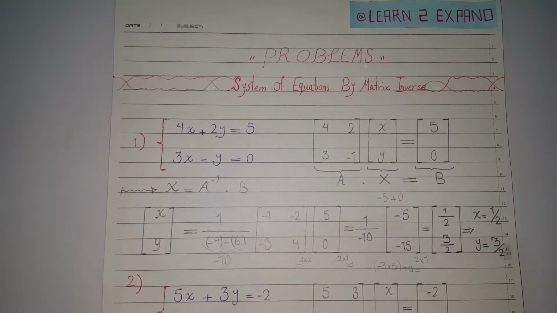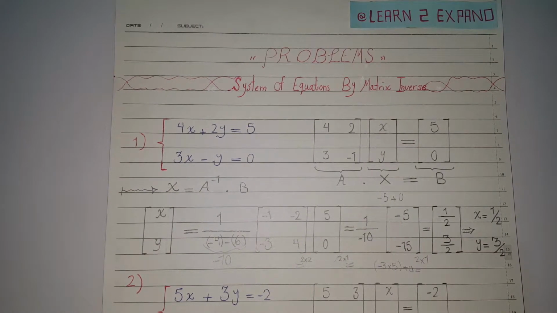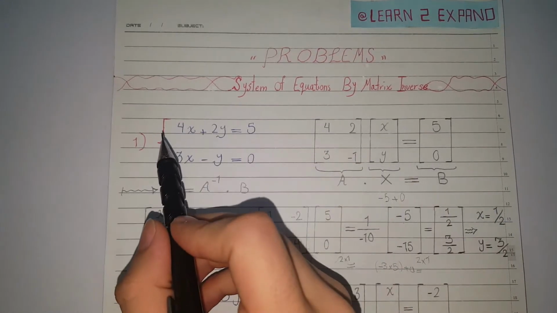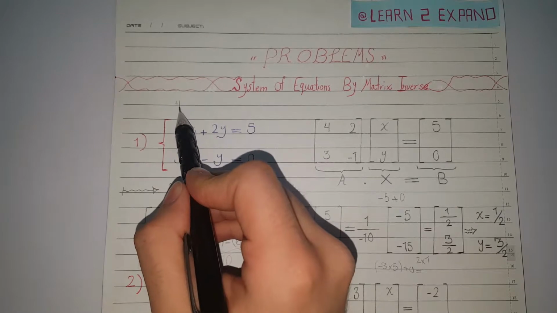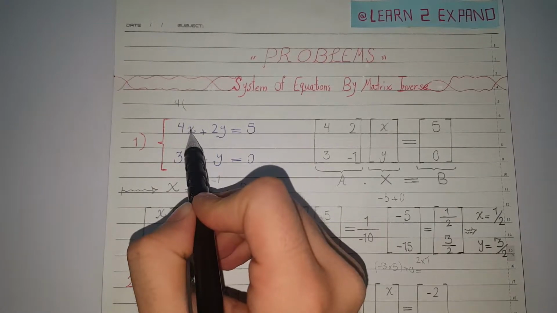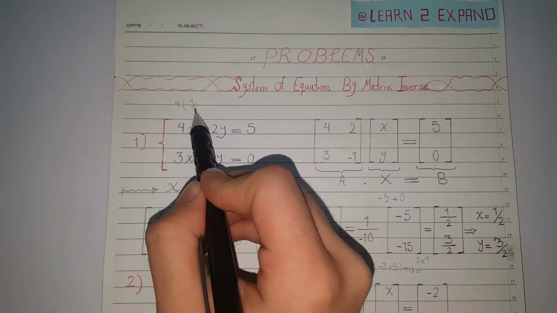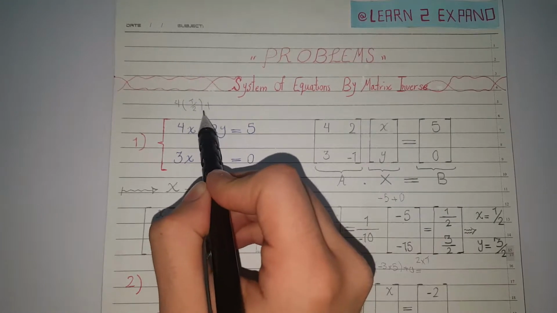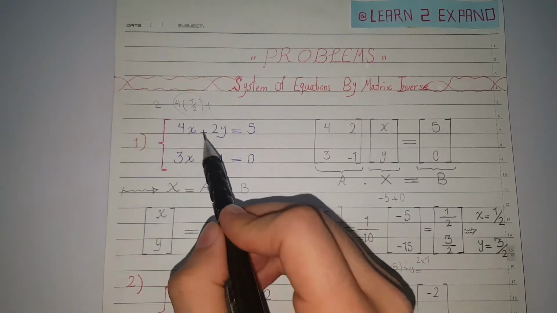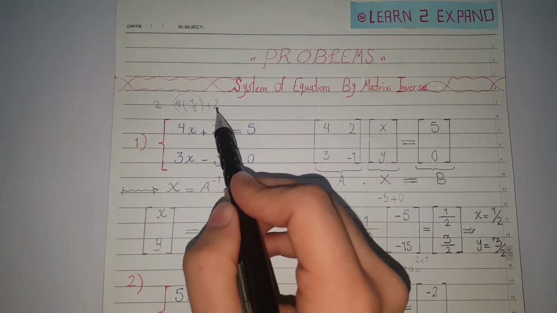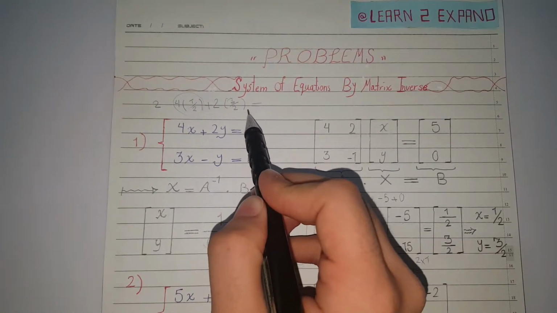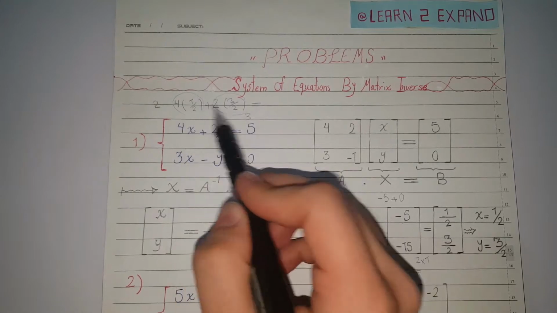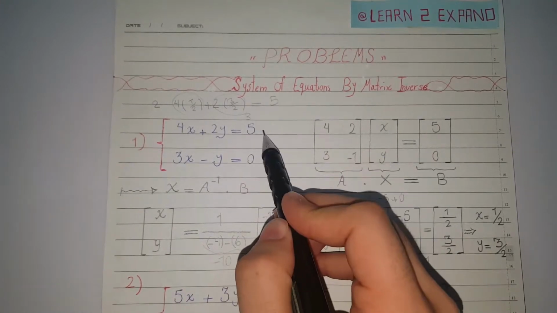We can also check our answer and see if it is correct or not. We have x equal to 1 over 2, so 4 times x is 2, and 2 times y, which is 3 over 2, is 3. 2 plus 3 is 5, which is correct.